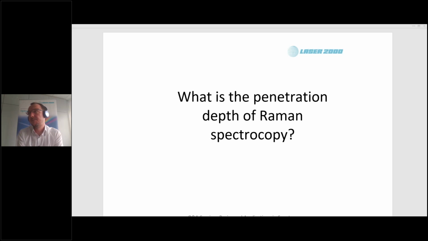And of course, it depends on the sample, how good the scattering is, how strong the absorption of the sample is. And when a sample is transparent and has a good scattering efficiency, it's hard to discriminate the depth, how deep the excitation light or the collected Raman light comes from.